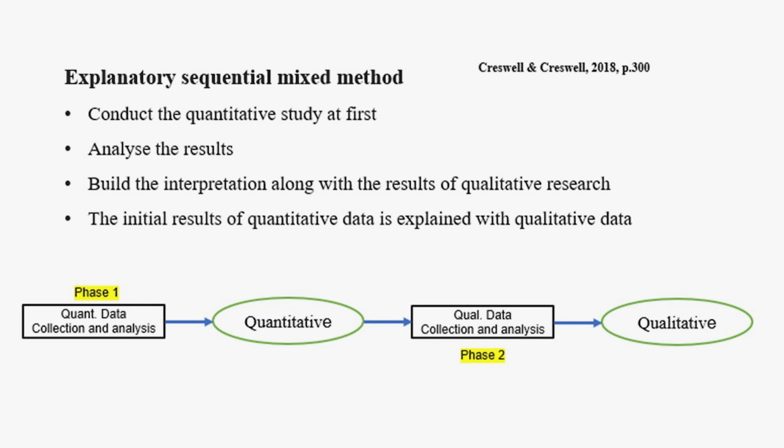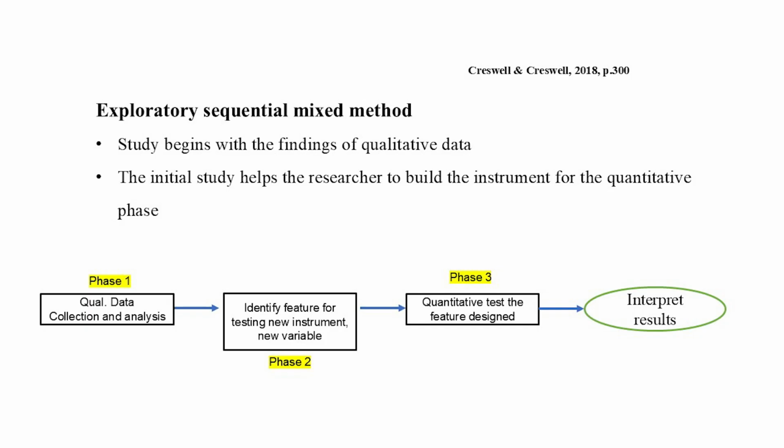So, in the second phase, you will collect the qualitative data, and the results of qualitative data you examine and the final interpretation is made. So, the outcome will be that in phase 1 we have quantitative information, and in phase 2 you have qualitative information. Then we are going into exploratory sequential mixed method. In exploratory sequential mixed method, we have three phases.